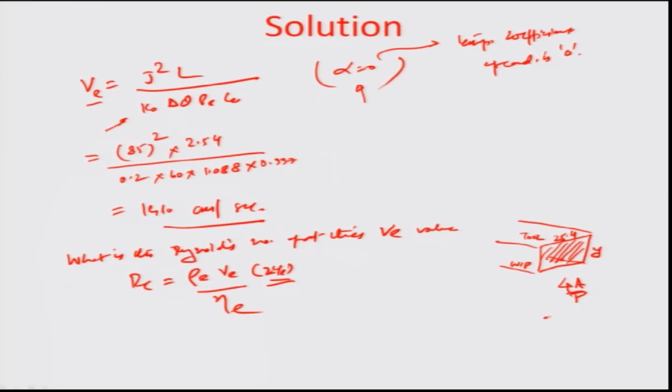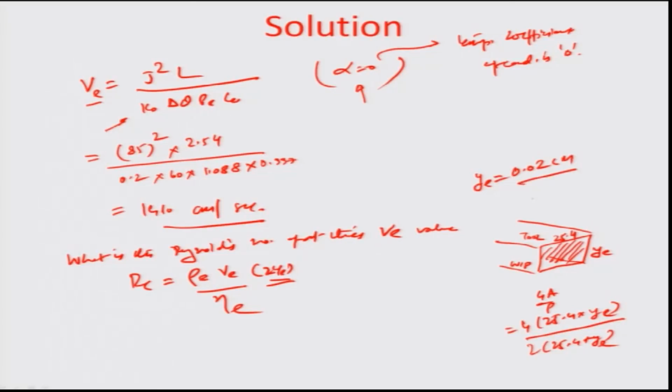So, in this particular case, 4 times 25.4 times y divided by the perimeter, which is actually twice 25.4 plus y. Obviously at equilibrium the y becomes ye. So, I can replace everything by ye, and ye was found in the last step as 0.02 centimeters, about 0.2 mm.